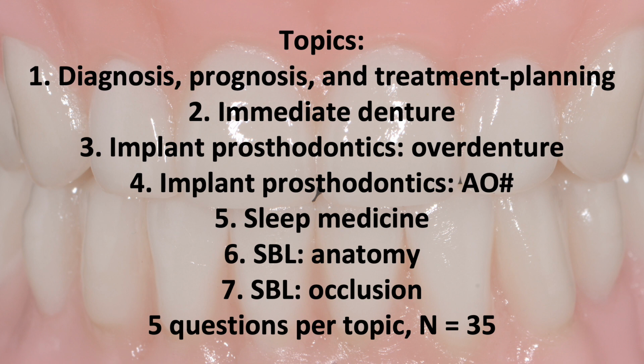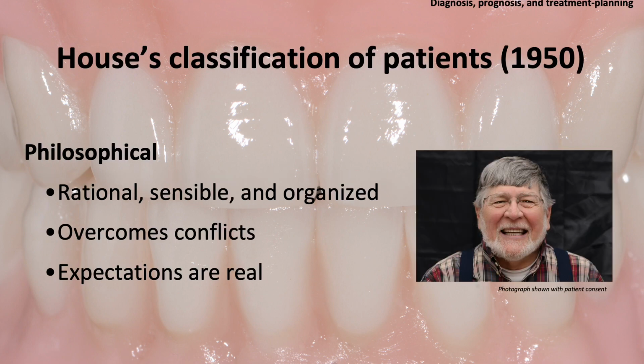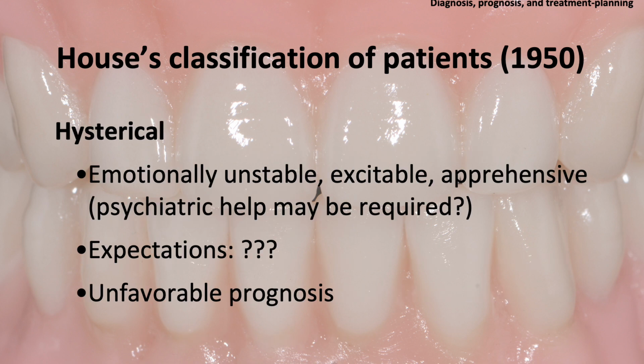So 5 were enough. So first topic, diagnosis, prognosis, and training. Because that was the day when I had to go over the syllabus and schedule a little bit, we only got through House's classification of patient personality, which are 4, as you know, exacting and hysterical.